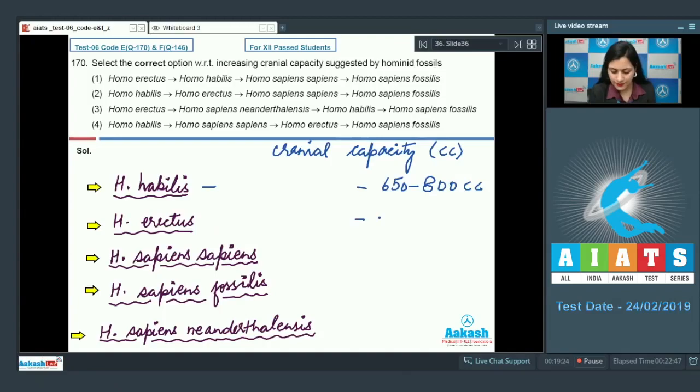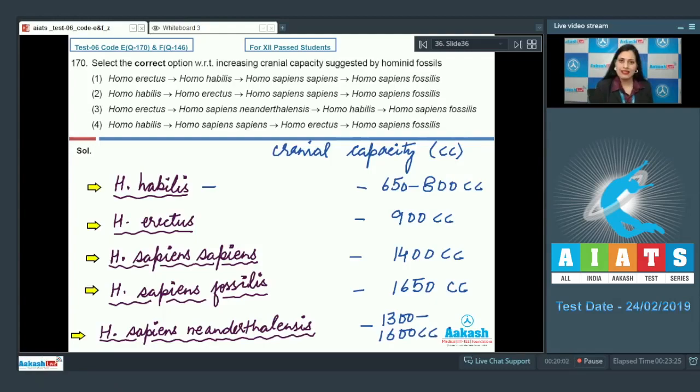Homo erectus, 900 cc. Homo sapiens sapiens, 1400 cc. Homo sapiens fossilis, 1650 cc. Homo sapiens neanderthalensis, 1300 to 1600 cc. Now let's discuss the options.